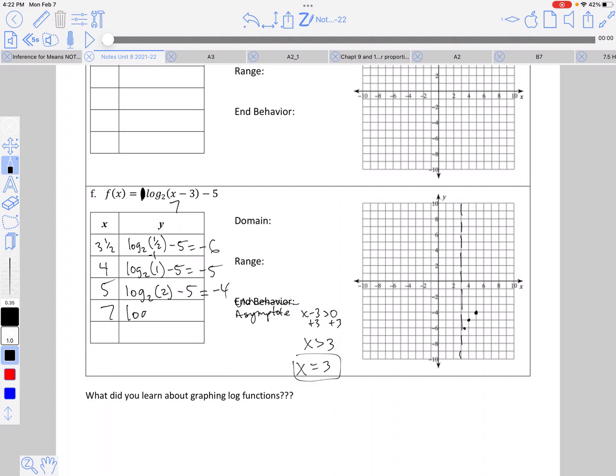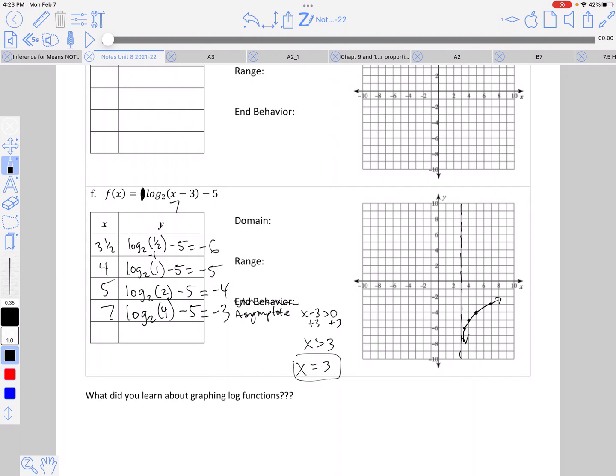So the next number I'll plug in is a 7. Log base 2 of 4 is 2. 2 minus 5 is -3. So at 7, we're going to hit -3. Now notice the graph, yeah, we skipped x values, but the graph is decimals there. And so that's why we have to skip those x values. All right, you should be good with about 4 points to be able to see the shape.